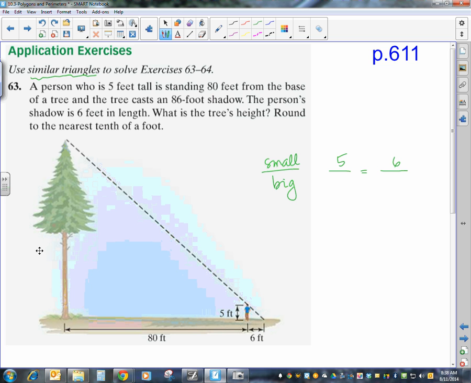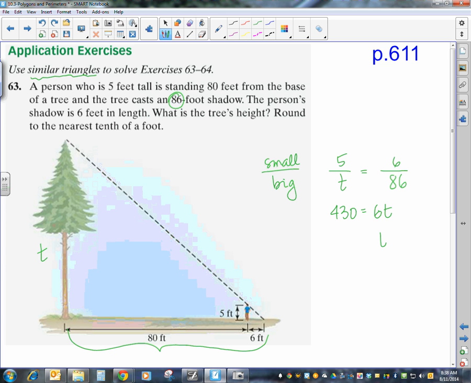And this is actually what I'm looking for. So that's going to be my T. And then this will be what corresponds to the 6. And don't get fooled, it's not 80, but it's actually the whole thing, as they tell us up here. It's an 86-foot shadow. So we have to have the whole thing. So again, we cross multiply. 430 equals 6t.